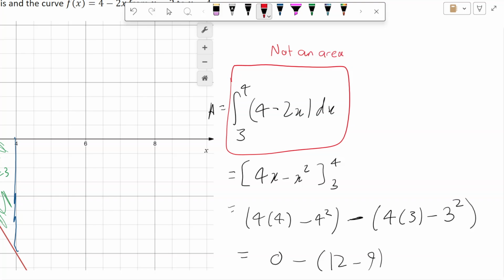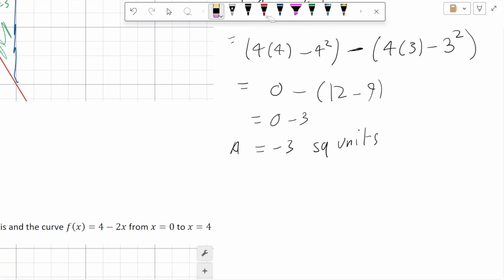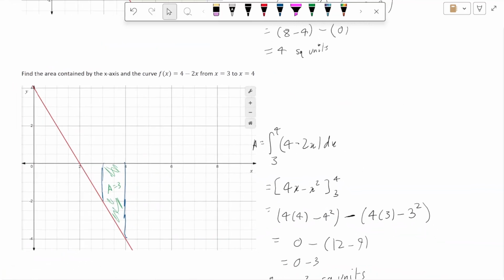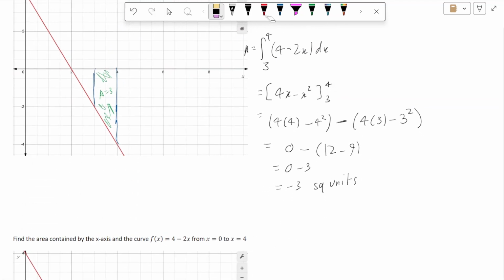And if you calculate a definite integral and the question doesn't say anything about area, you actually shouldn't say square units on the end, because definite integrals don't necessarily mean areas exactly. So the integral is -3, but the area is 3. And watch out for that.